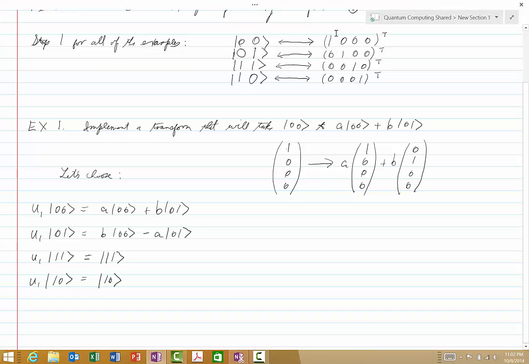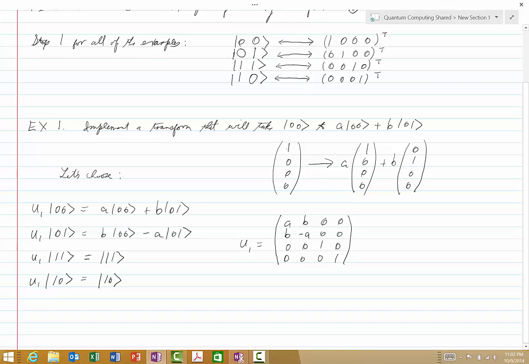And so we see that the matrix for U1 would be A, B, 0, 0; B, minus A, 0, 0; 0, 0, 1, 0; 0, 0, 0, 1.